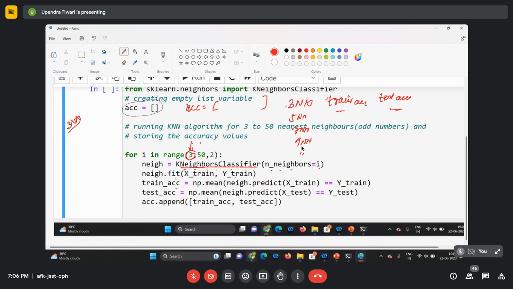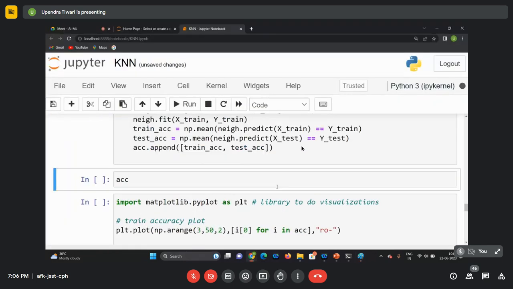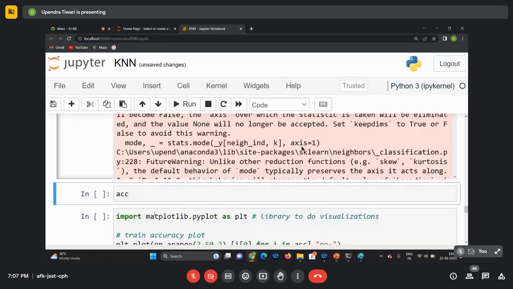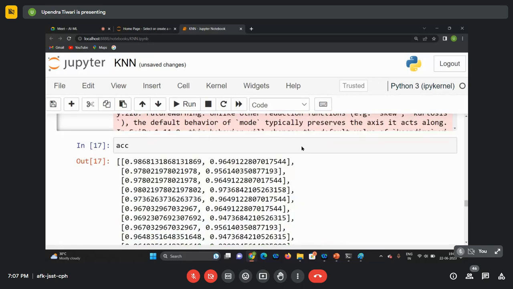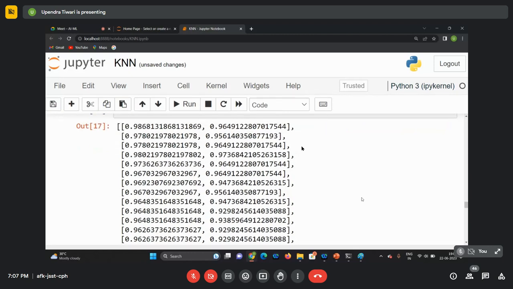So for example, when I ran this problem, let me check. I got this ACC. And you see, this is my training accuracy and this is my test accuracy. Next.